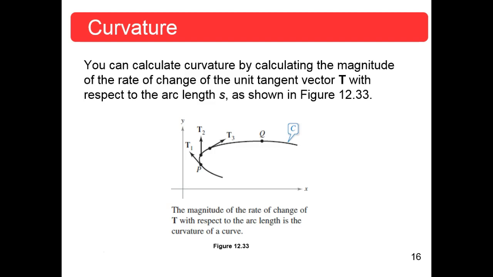Even though they've shown it poorly, the magnitude of the rate of change of T with respect to the arc length is the curvature of the curve. If you did the same thing here, a point back here would be here, Q would be here, a point here would be here, they've hardly changed at all. So the rate of change of T up here would be very close to zero, not zero, but close to it.